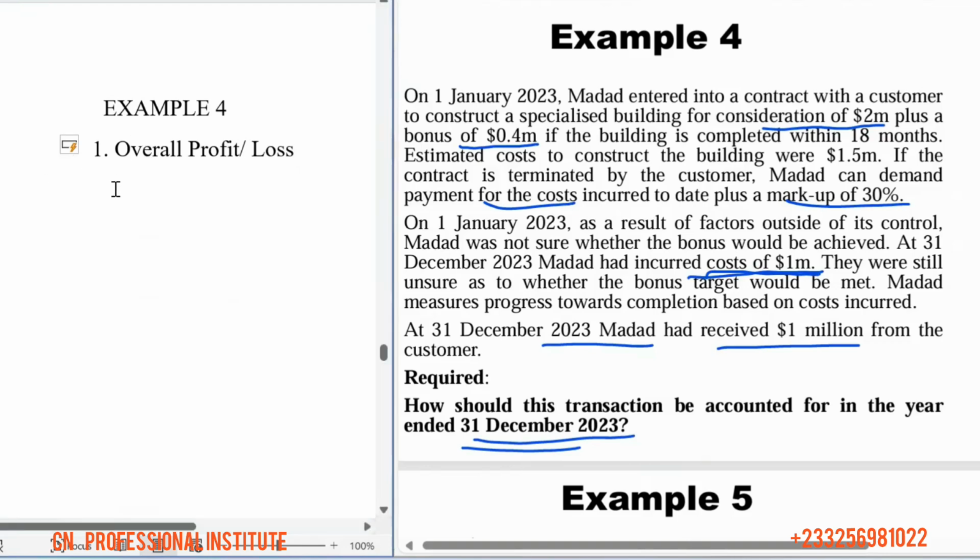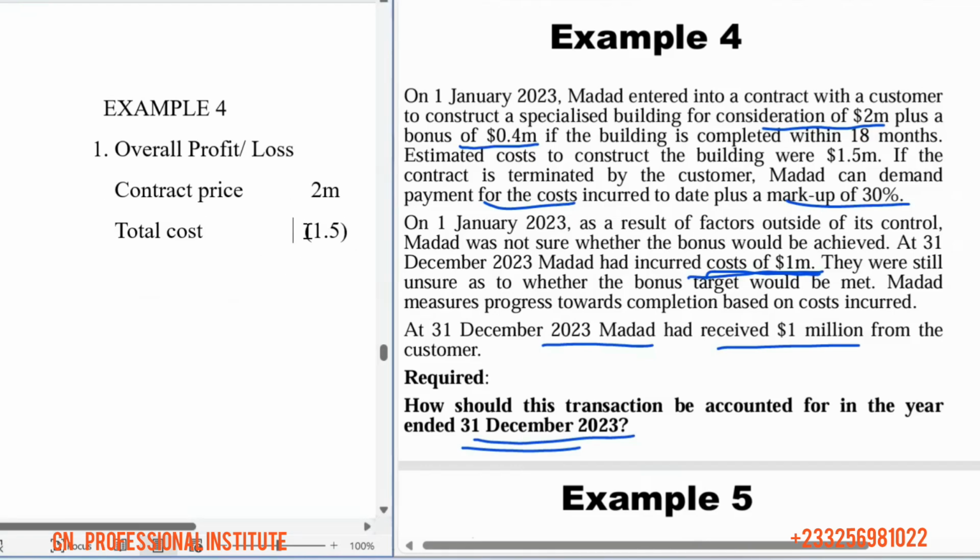We said we compare the contract price. So what's the contract price? Our contract price is only 2 million. Then total cost is 1.5 million. Explain to you that's 1.5. Okay, the 1 million is the cost to date.